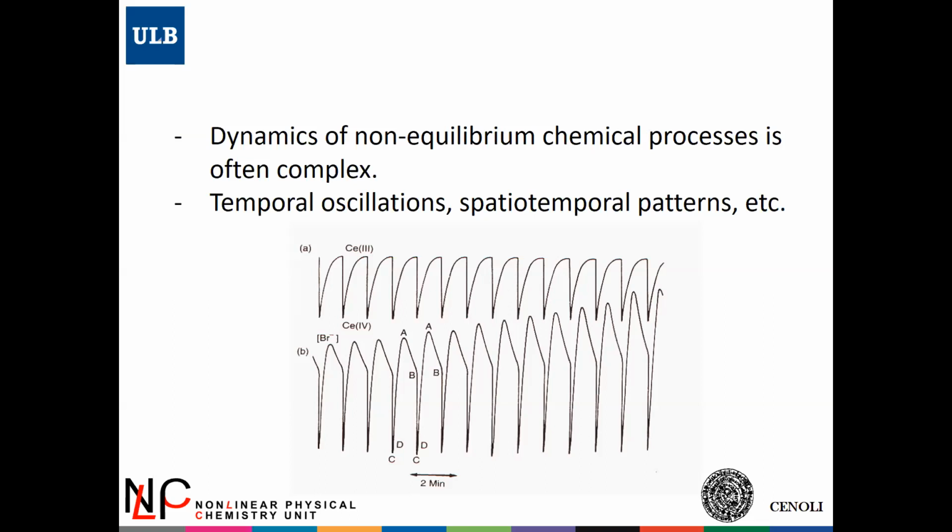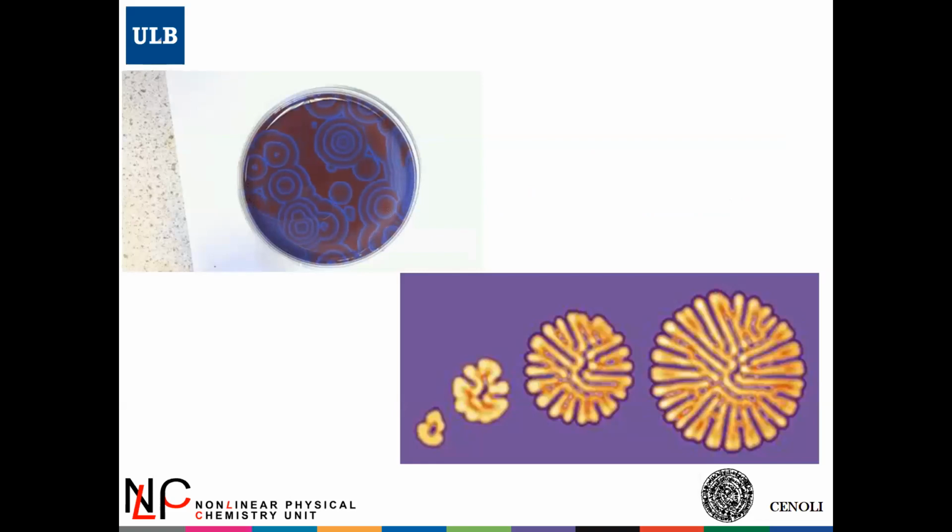Here you have a few examples of evolution in time of ions in a well-stirred aqueous phase. But for systems that are not stirred, you can have more complex spatio-temporal phenomena like spirals, target patterns, or what could be described as chemical flowers, as we can see here.